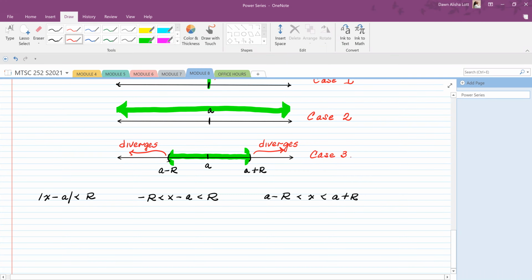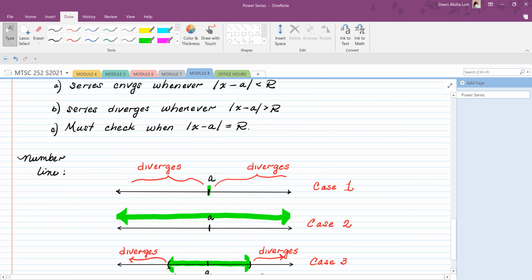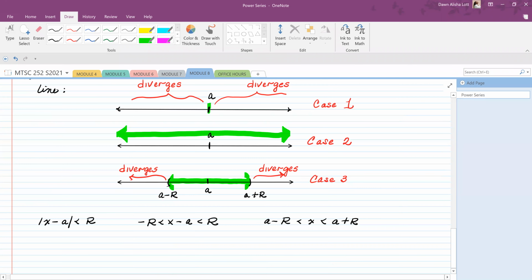So what we're going to have to do is determine when these power series converge and the interval of convergence. For any particular power series, it's a series, so since it's a series, we can use our previous series tests in order to determine when and where it converges.